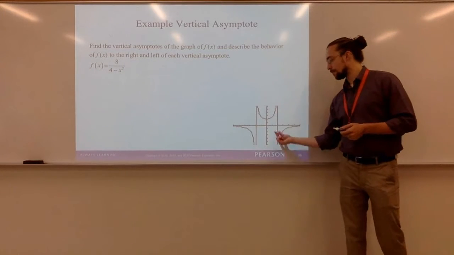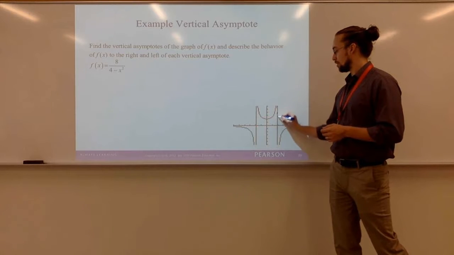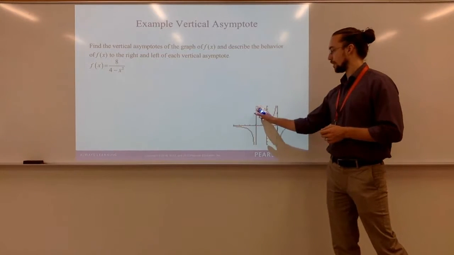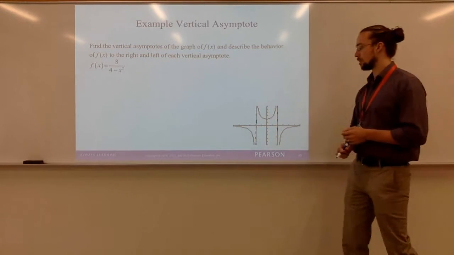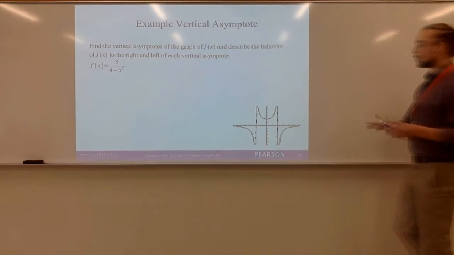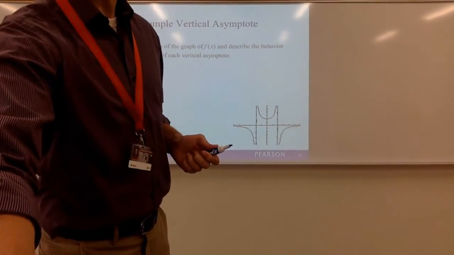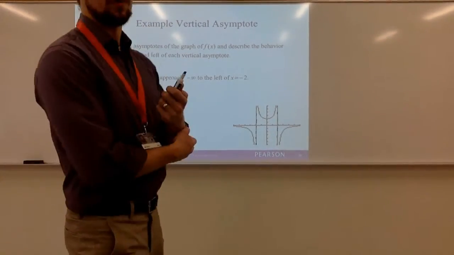That's where we have asymptotes. This should be a dotted line to signify an asymptote, not a solid line. It makes it look like it's part of the function. So we can talk about what happens as we get closer and closer to those values.